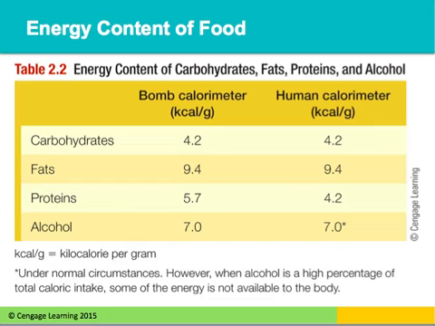So you might notice that some of these numbers sound kind of familiar. We know that carbohydrates provide 4 calories per gram, fats provide 9 calories per gram, proteins provide 4 calories per gram, and alcohol provides 7 calories per gram. We can see that those have been rounded down.